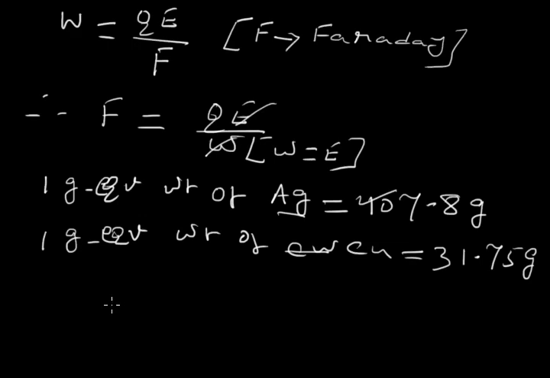Similarly, to deposit 31.75 gram copper at the electrode, we also require 1 Faraday of electricity, and the value of 1 Faraday in a rounded-up form is 96500 coulomb.